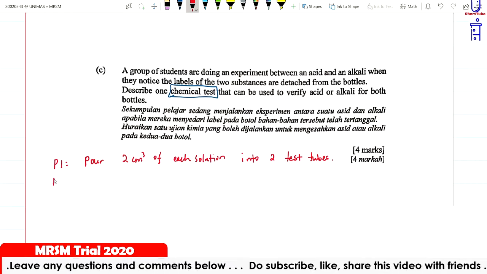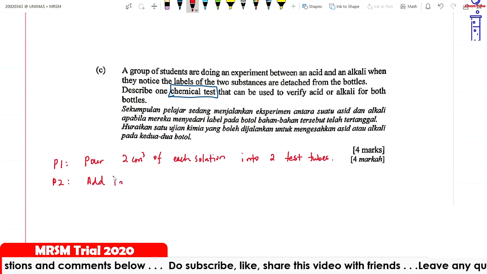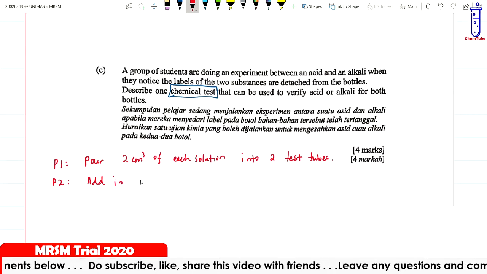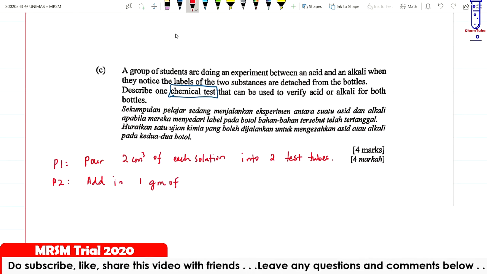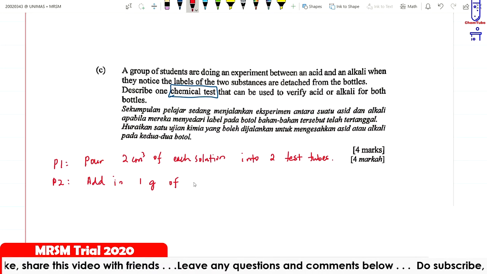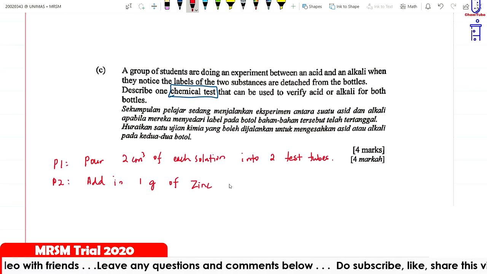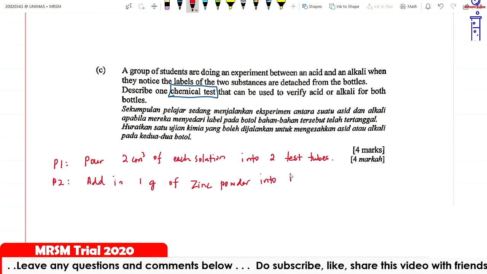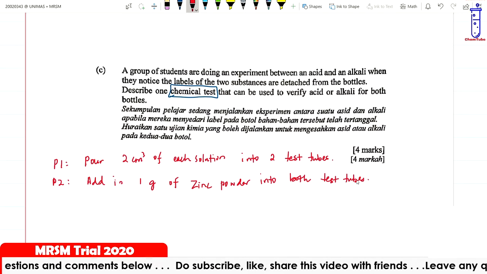Then point number 2, we can add in 1 gram of, let's say, zinc powder into both test tubes.